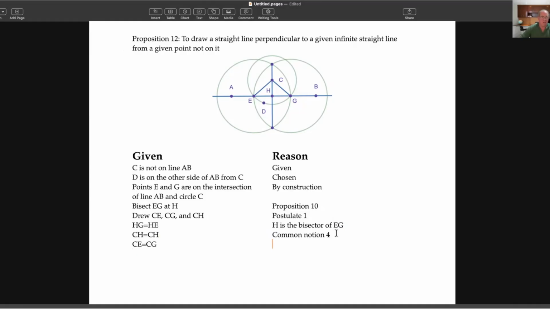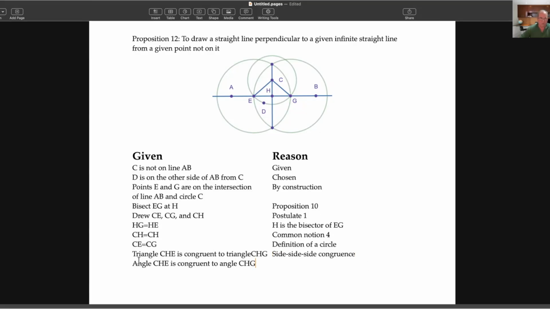And CE is equal to CG. Those are both radii of a circle, so that comes from our definition of a circle. And then we can state that triangle CHE is congruent to triangle CHG, and that is from the side-side-side congruence in Proposition 8.